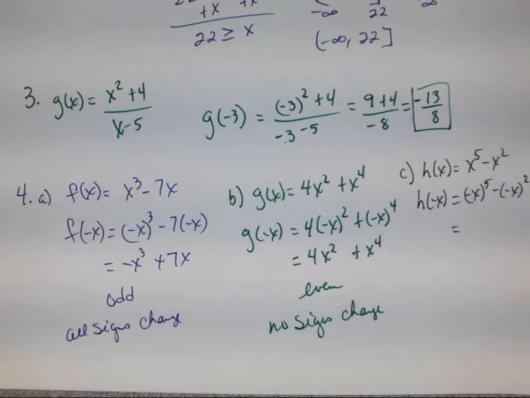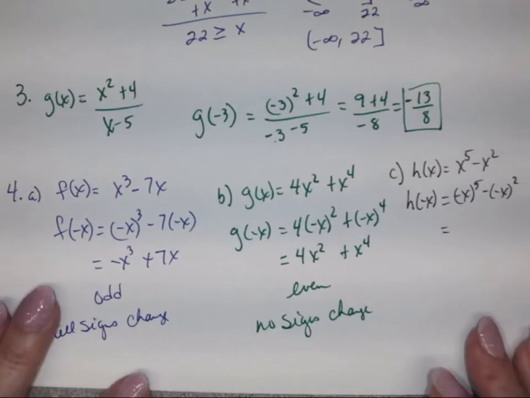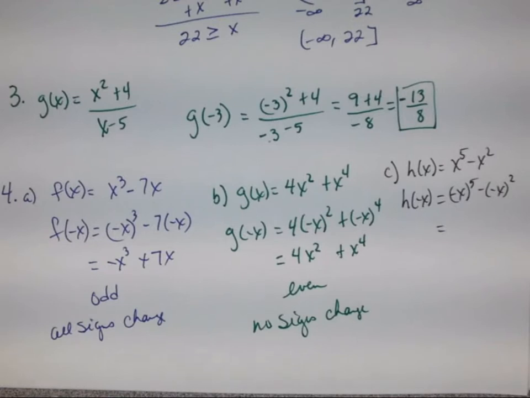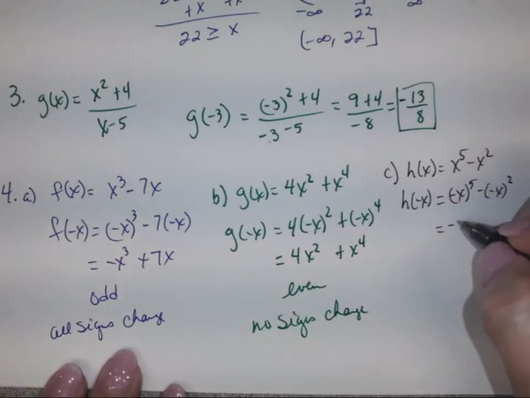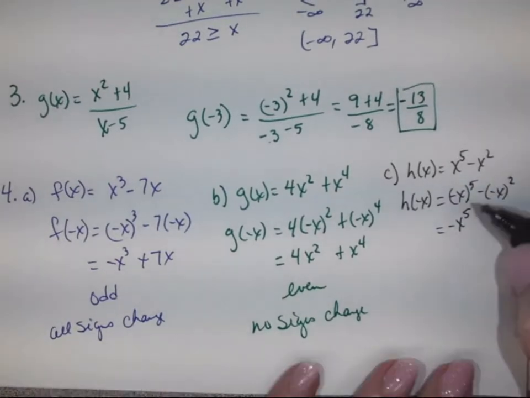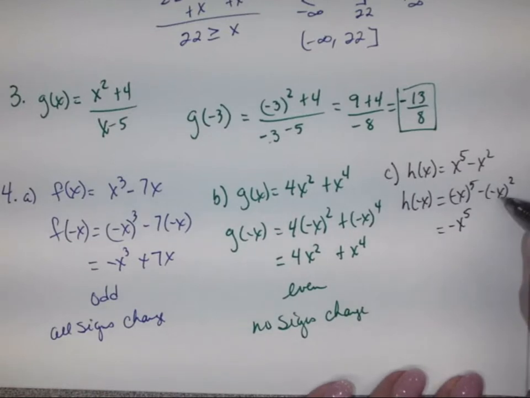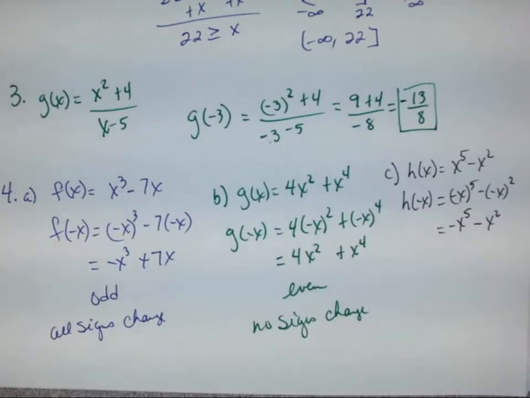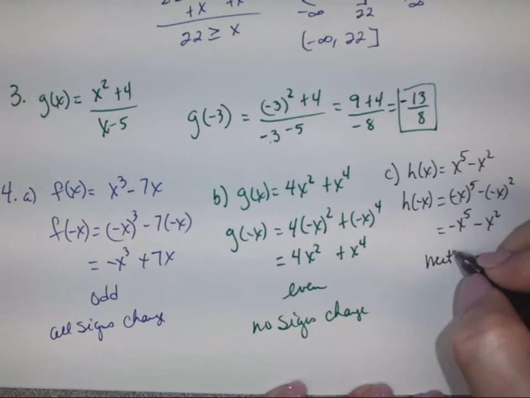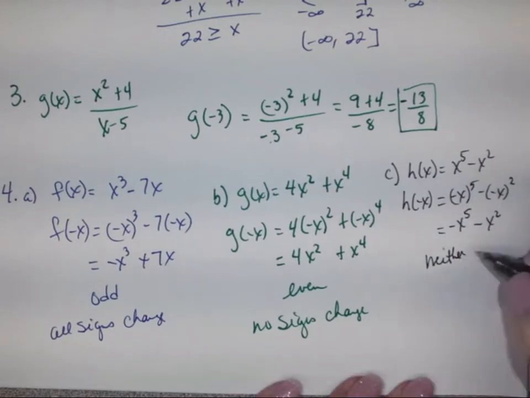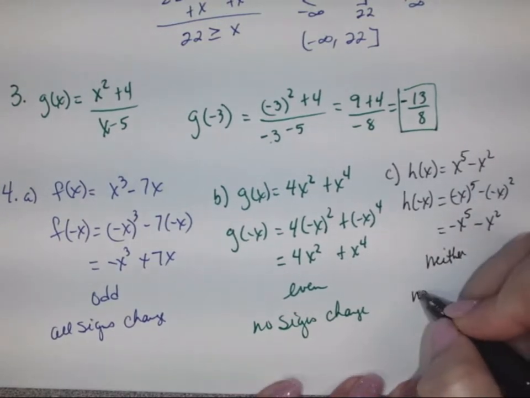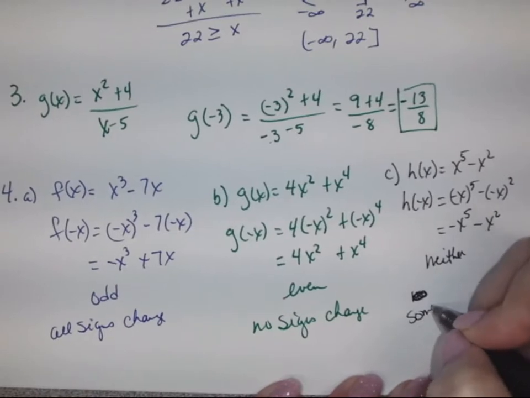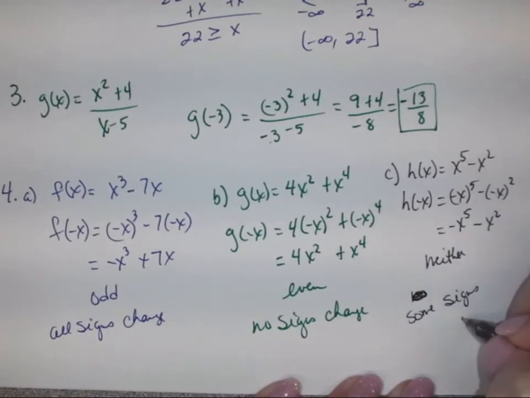Well, negative x to a 5th power is going to stay negative, so it'll be negative x to the 5th, and then negative x squared will become x squared, so it'll be minus x squared. So this one changed, this one stayed the same. So this will make this neither because some signs change.